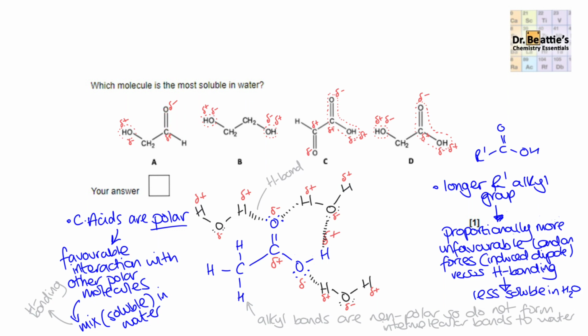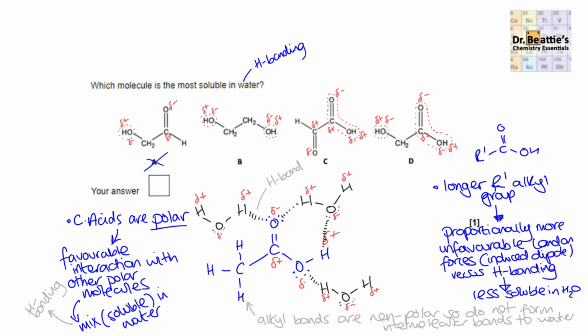Now, the aldehyde here and the aldehyde here, whilst the carbonyl is polar, it cannot undergo hydrogen bonding, and water requires hydrogen bonding to be miscible or soluble in. So those ones that are circled here can undergo hydrogen bonding. So right away, we can see that A only has one site of hydrogen bonding, so that cannot be the answer for the most soluble.